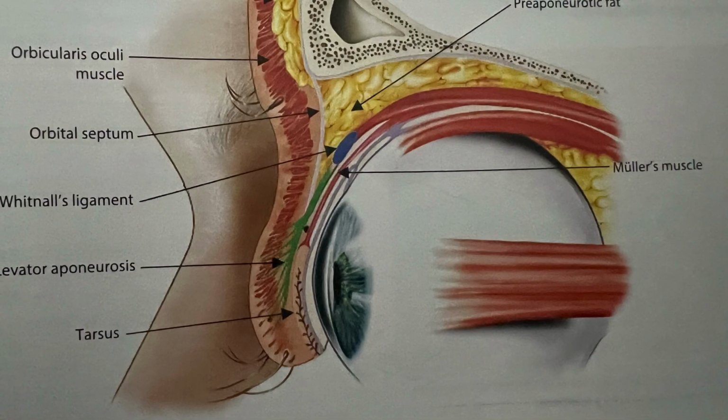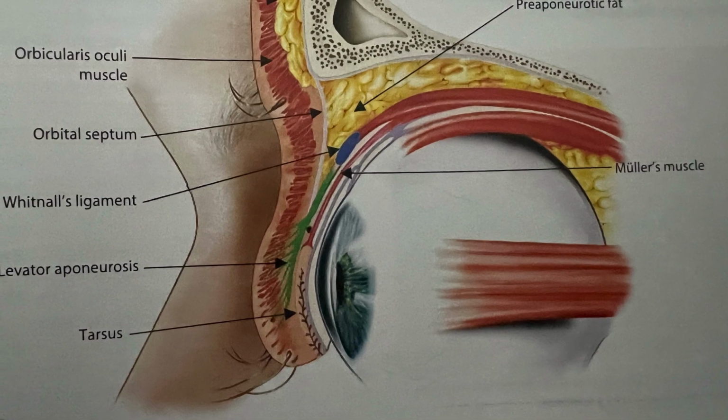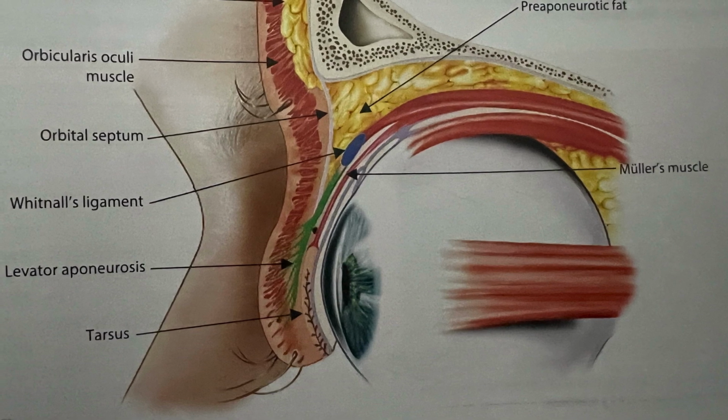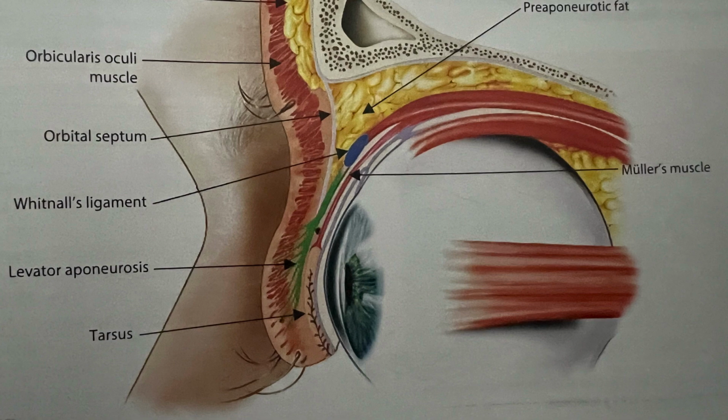This may also cause lagophthalmos. So, it is important to maintain these dimensions because they are necessary for proper closure and opening of the eye. It is important to differentiate prolapsed preaponeurotic fat from retro-orbicularis oculi fat.